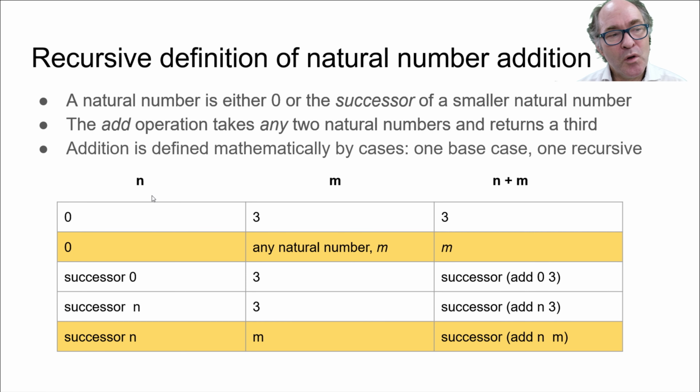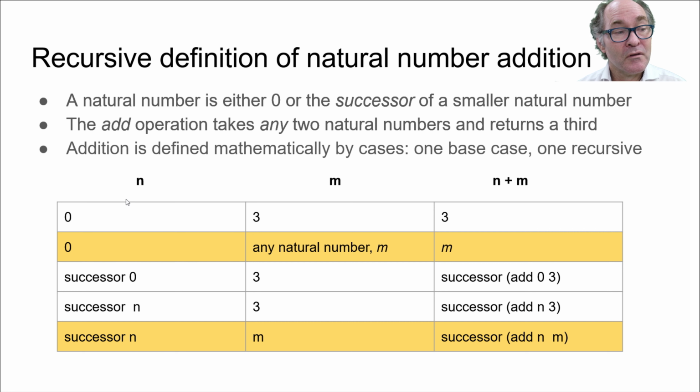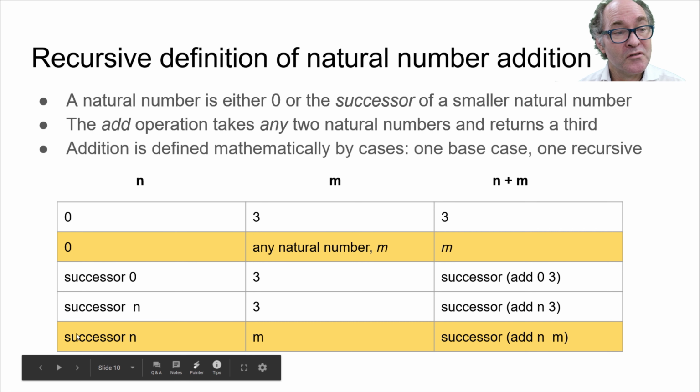Okay? So we would say that we're defining this function by case analysis on the first argument. One case, two cases, and the second case is recursive because it uses the function that we're defining. The reason that isn't really circular is because invoking that function again is guaranteed to apply to a smaller problem instance, where n is smaller than successor of n.